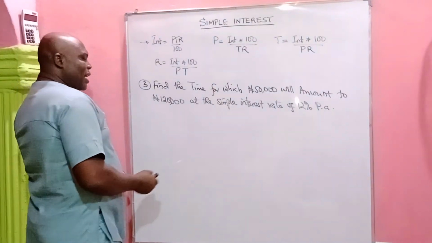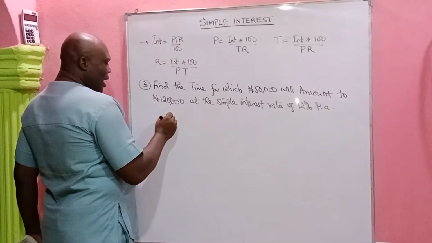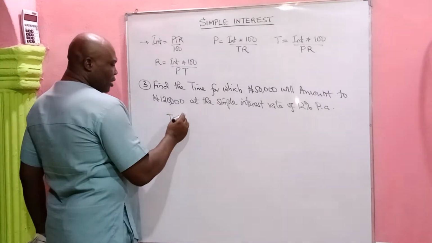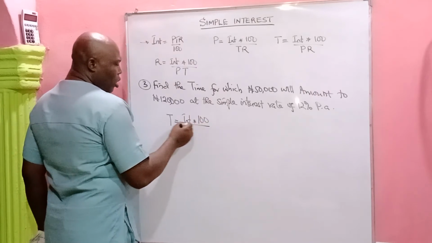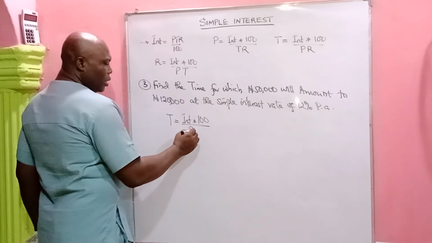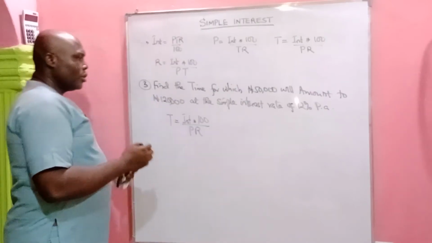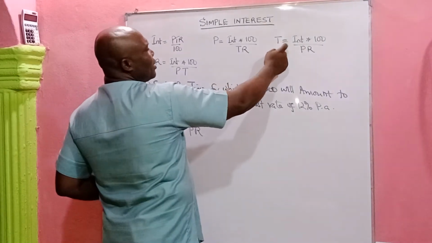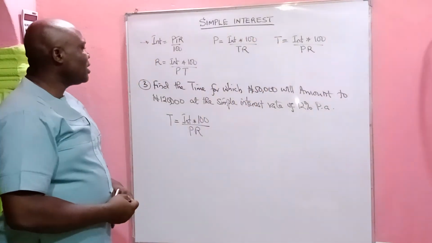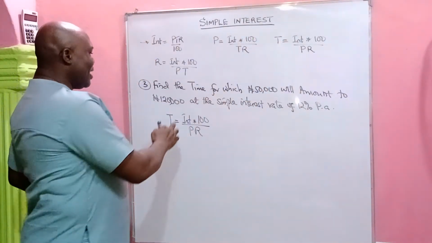So let's quickly see. We want to find the time. And understand that time is given as interest times 100 all over principal times rate. So that is just the formula for finding the time. First and foremost, we need to get out our interest.